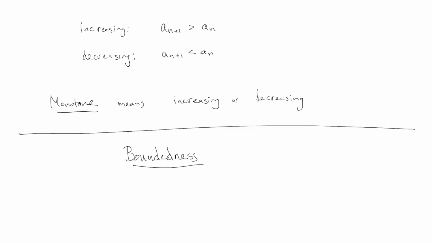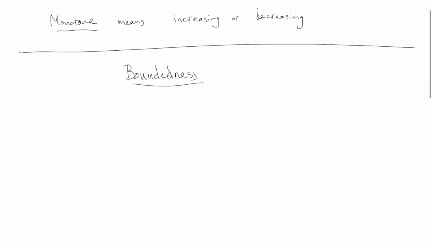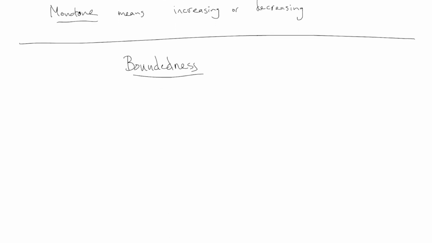Bounded means that basically it doesn't get big beyond a certain point. So there are actually two similar definitions that we're going to have. We say a sequence a_n is bounded above. A sequence can also be bounded below.